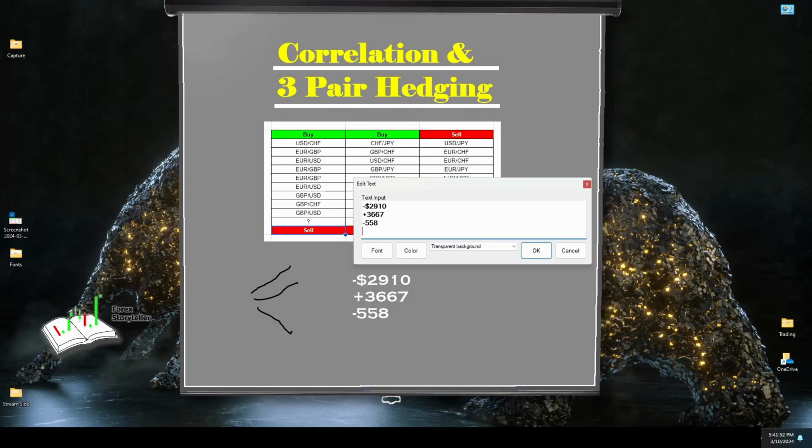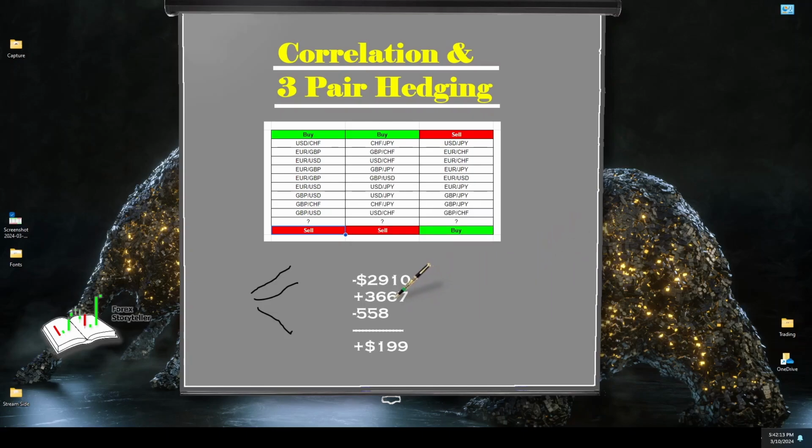Once you decide you want to close out this hedge, you would close all three pairs out together, and this would make a net result in the end of close to a positive $199. So just something to keep in mind.